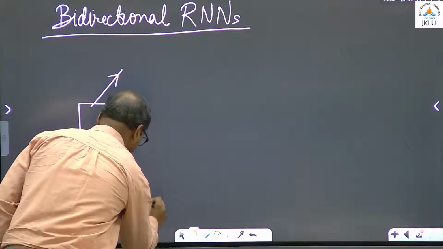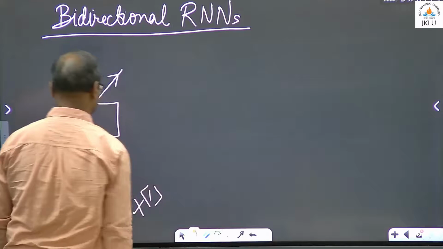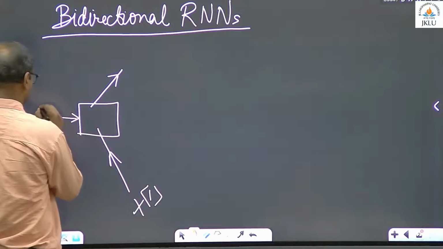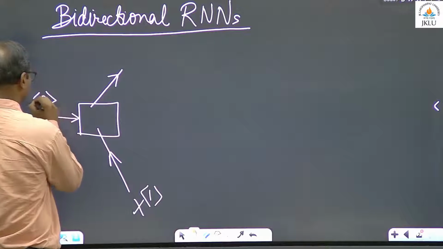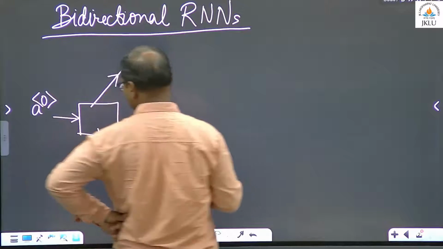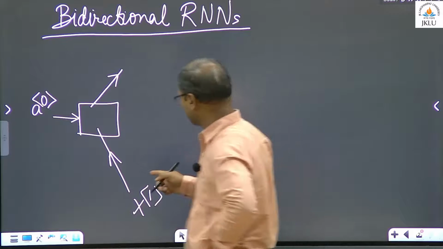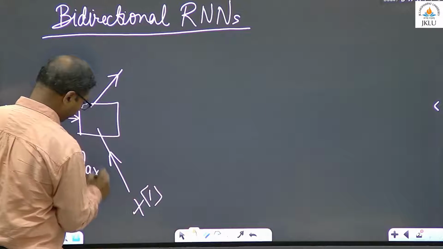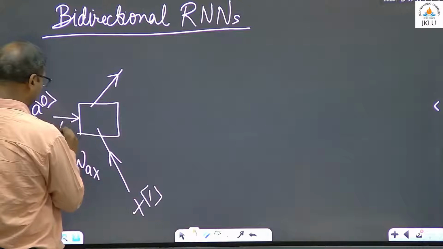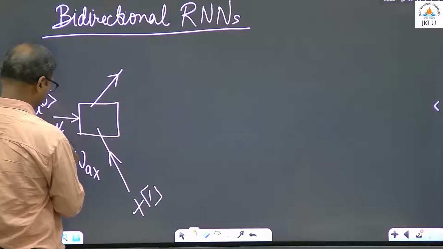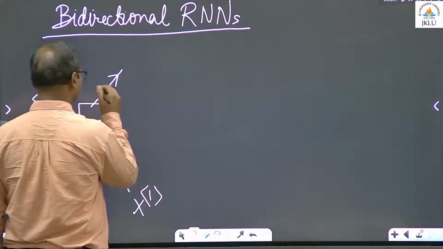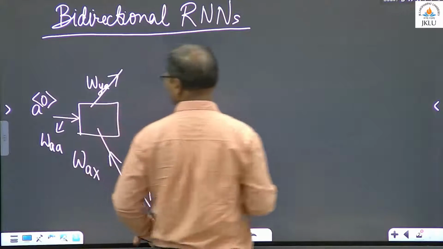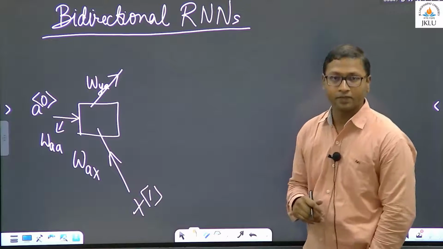This is my X1. And this, of course, I am receiving A0, but A0 is a vector of zeros in this case. Now here what do I have? Here I have WAX, here I have WAA, and here I have WYA.